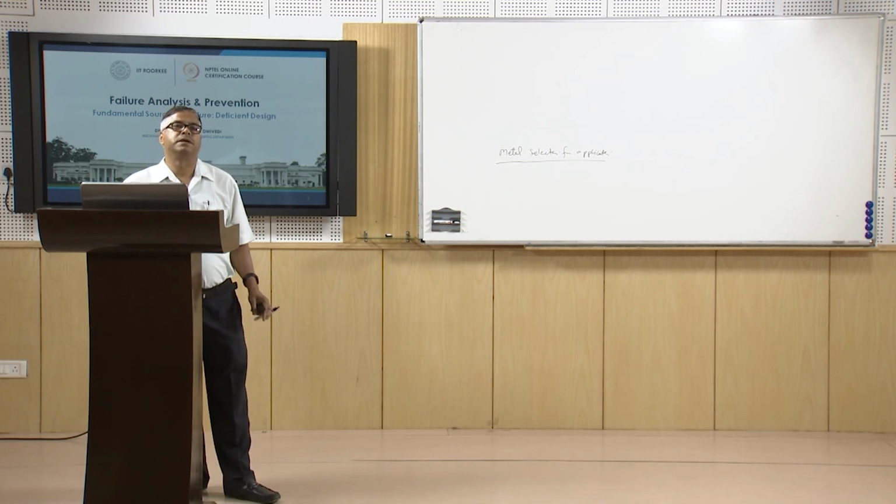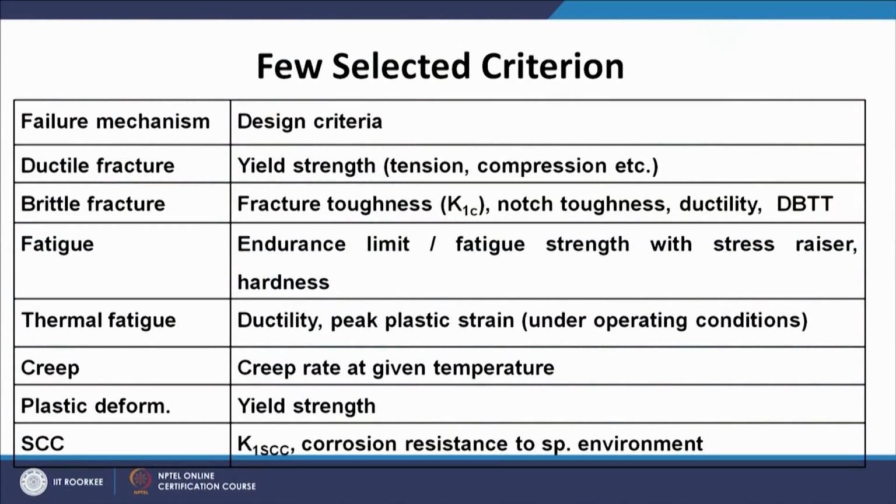Now, coming to a few failure mechanisms and the parameters to be considered, this table shows the parameters that should be considered for selection of the suitable material and suitable design. If the expected failure mechanism is ductile fracture, then the yield strength as per the type of load, it may be tension or compression.